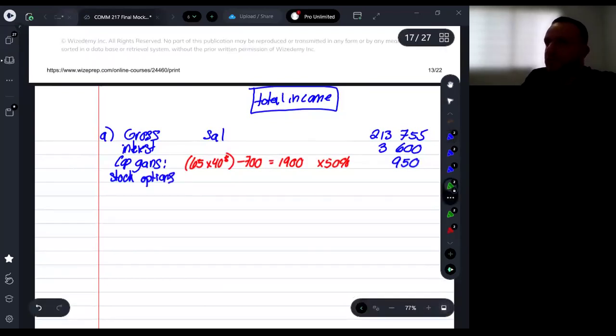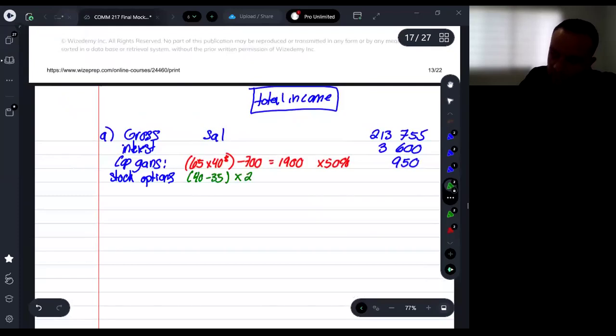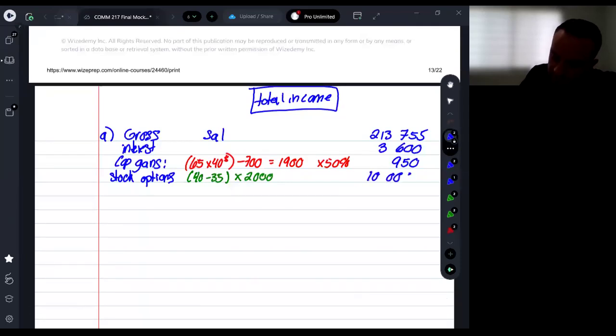And the stock option benefit is essentially 40 minus 35 times 2,000 shares, and that gives us 10,000 as taxable.